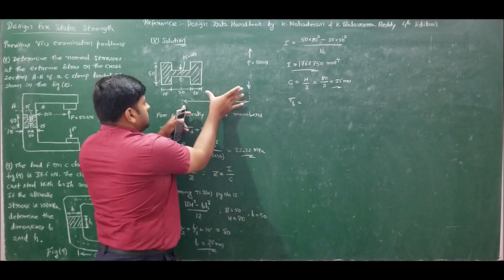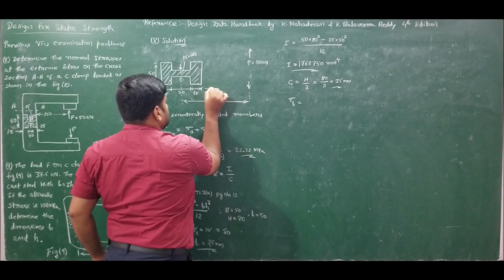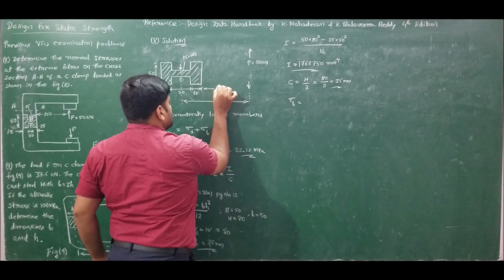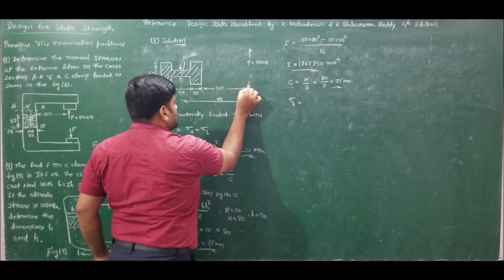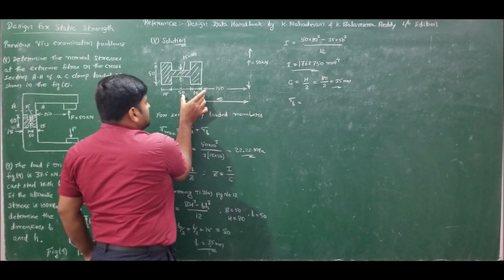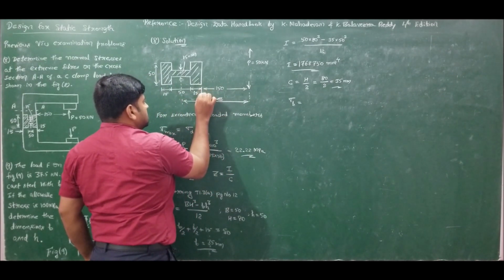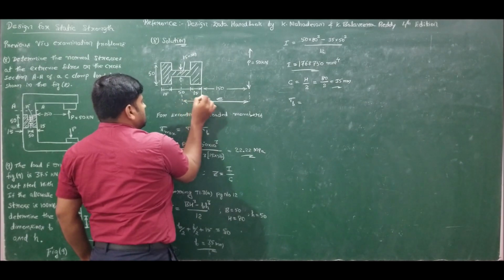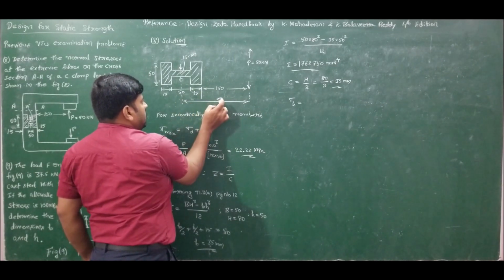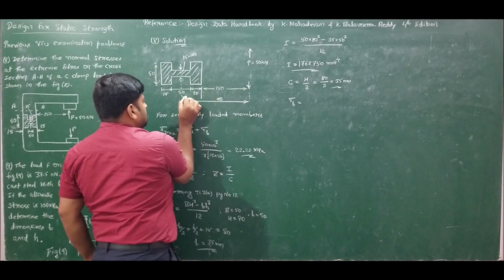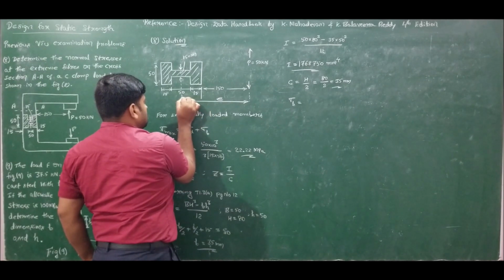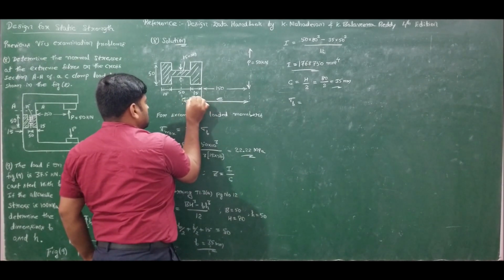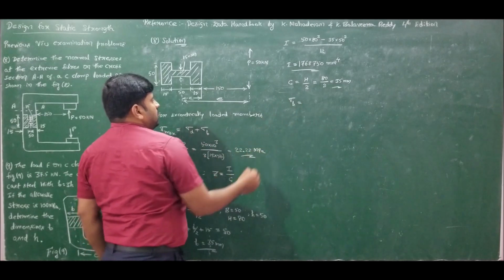We have specified this distance as 150. So E is equal to 150 plus C. So this distance is C. This distance is C. So therefore E is 150 plus C. C is found to be 35.